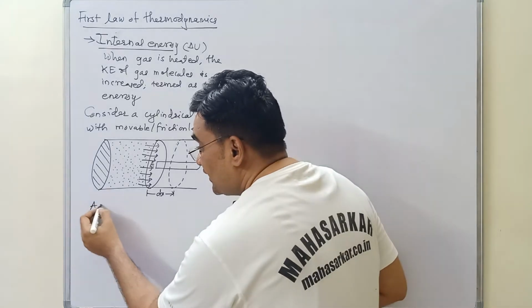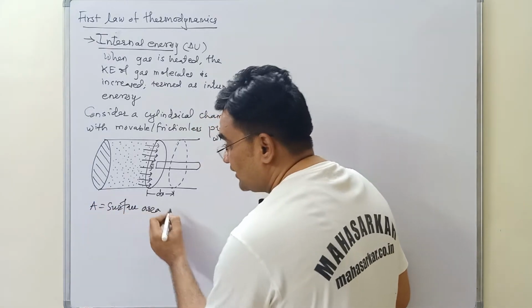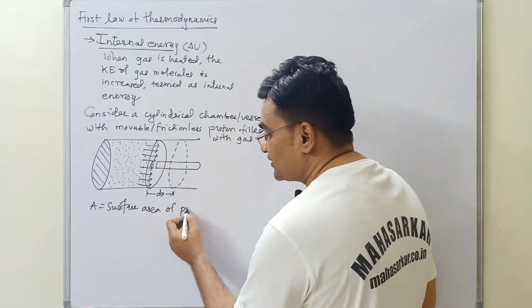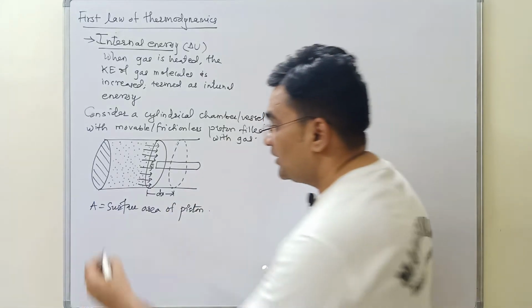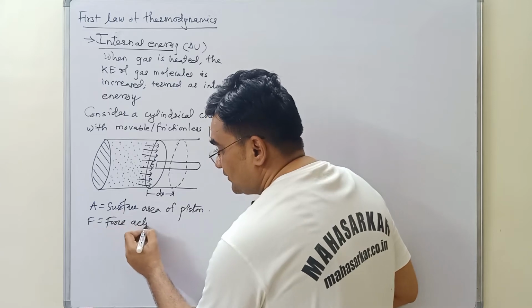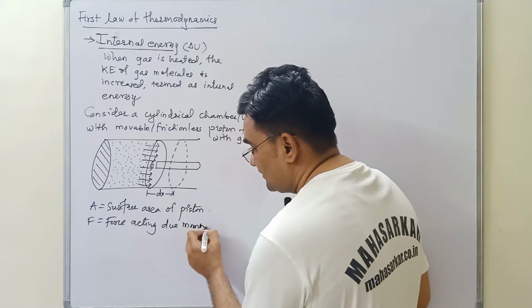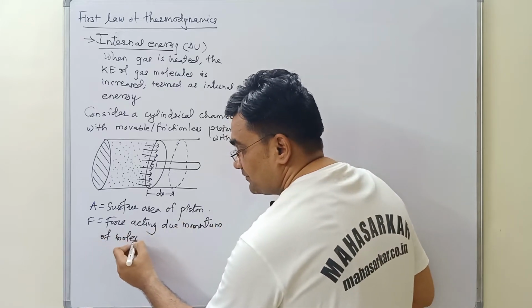So if A is the surface area on which the gas molecules are striking, I will say of the piston, where the force is actually acting, and that force is acting due to the momentum of the gas molecules.